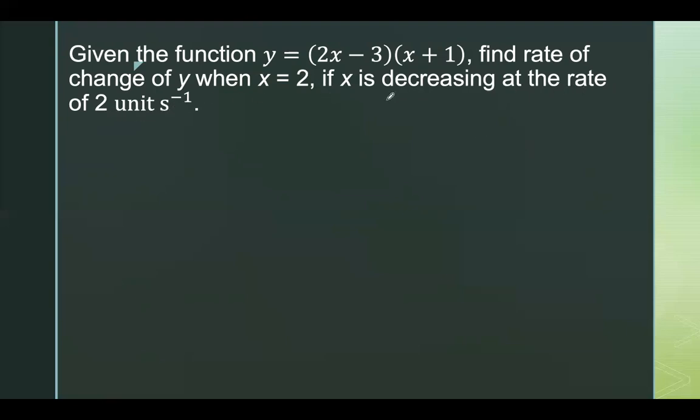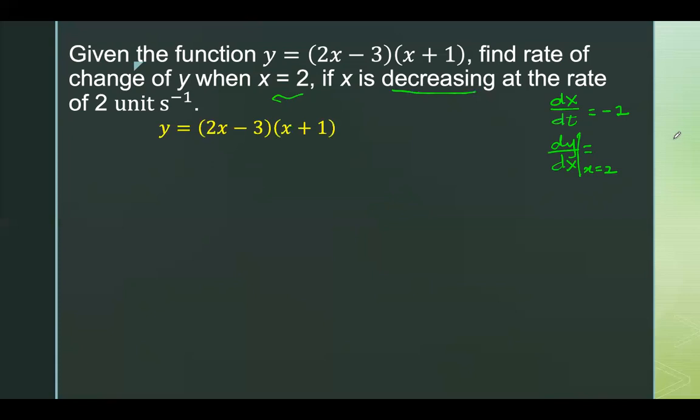Decreasing, remember, therefore dx/dt equals negative 2. So we need to find dy/dx at x equals 2. Meaning we need to find the value of dy/dx when x equals 2. All right, so let's see how.